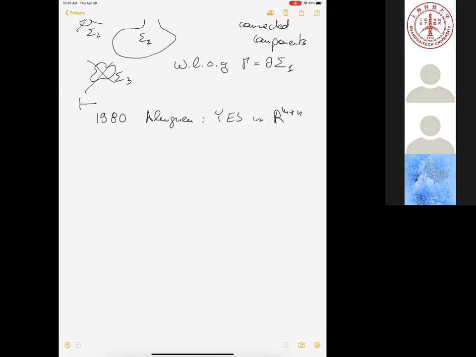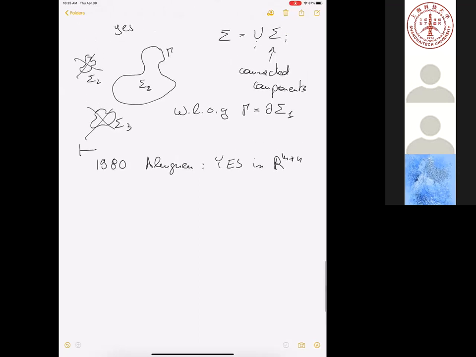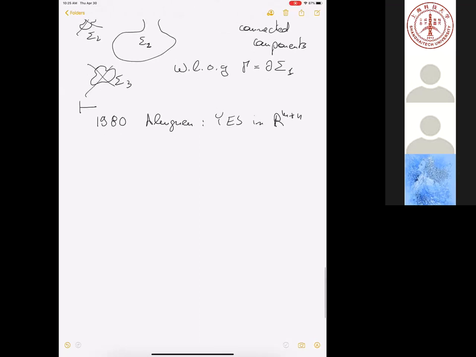But the question was open until our paper for a general Riemannian manifold. Together with Guido de Philippis, Jonas Hirsch, and Annalisa Massaccesi, in 2018 we were able to say yes in a general Riemannian manifold.